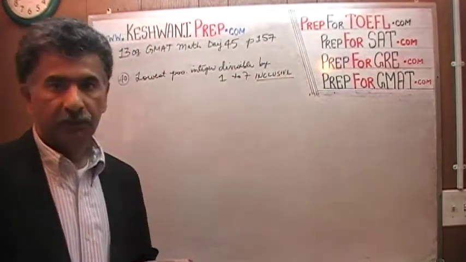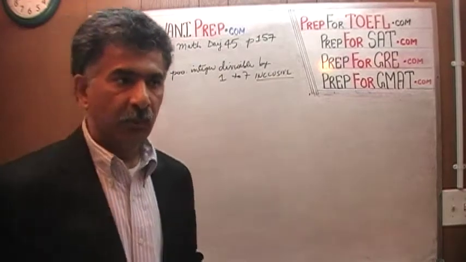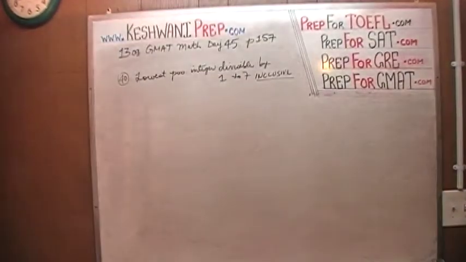That means the integer in question has to be divisible by 1 as well as 7. We have to include the endpoints. Let's take a look at the answer choices.